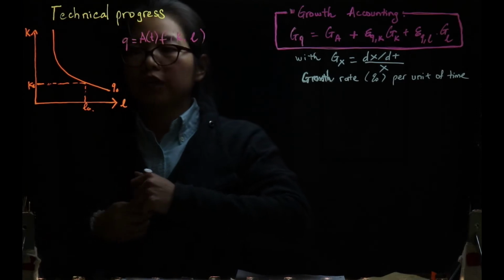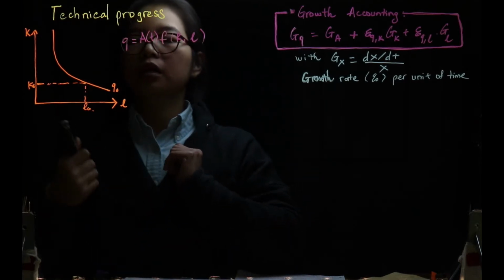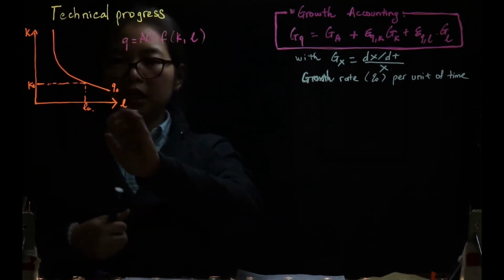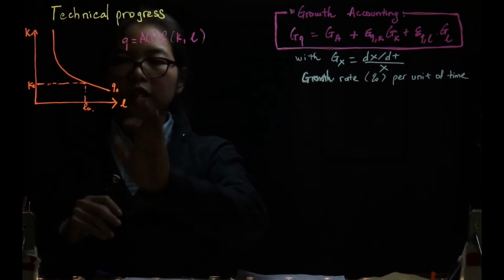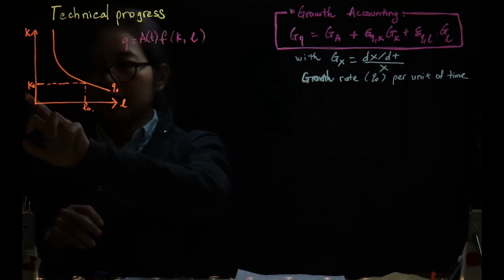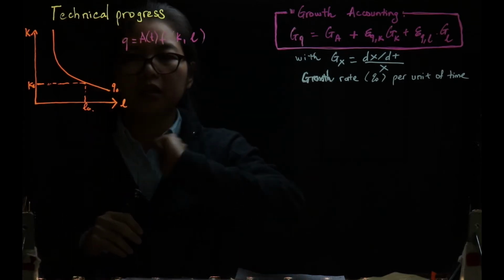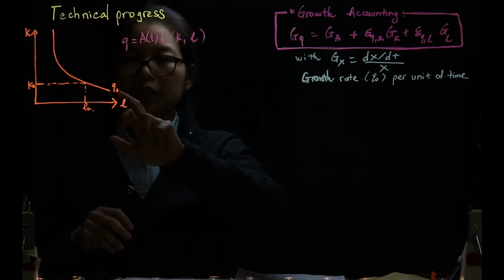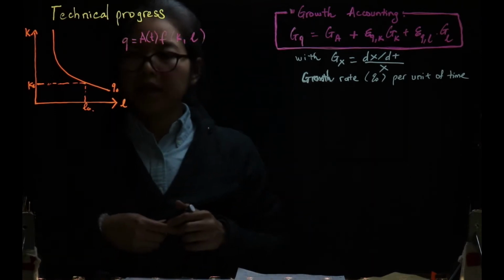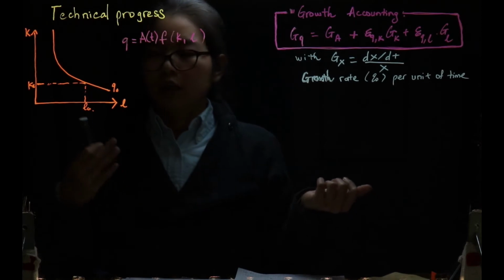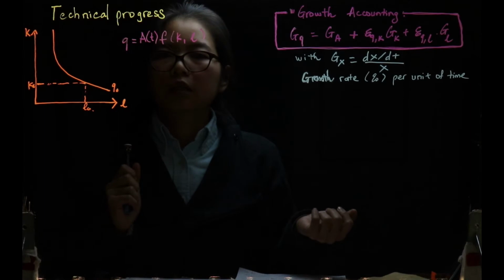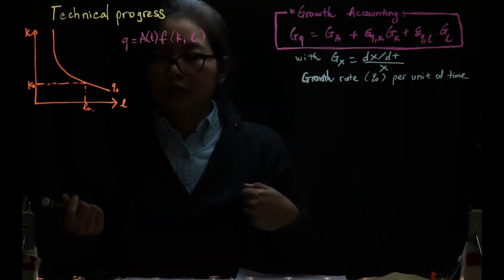However, let's first look at the graph, how to express it graphically. So imagine in the beginning, like in the history, originally we need this amount L0 of labor and this amount K0 of capital to produce a certain output quantity Q0. Now, because of technical progress, let's say we need less labor to produce the same quantity of output.